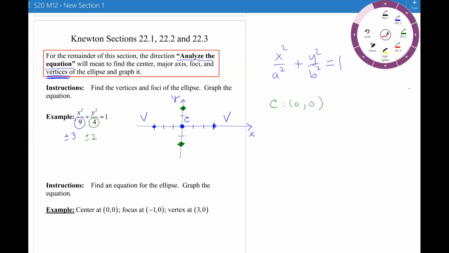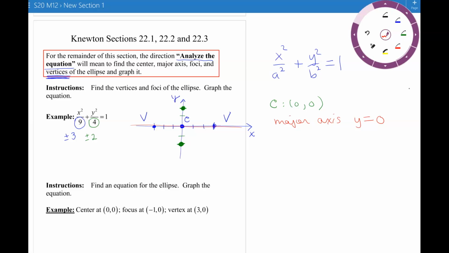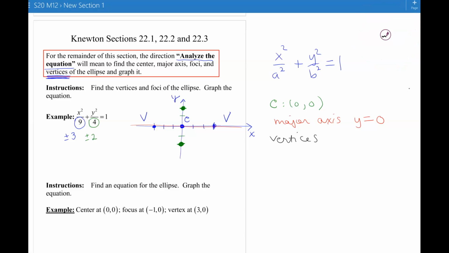The major axis goes through the vertices and the center. So in this case, the major axis is the line y equals 0, or the x-axis. Then let's come back to the foci, because we can see the vertices from our picture, (3, 0) and (-3, 0). So now the only thing we need to worry about is the foci.